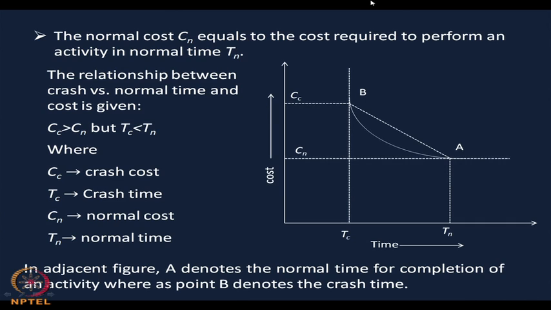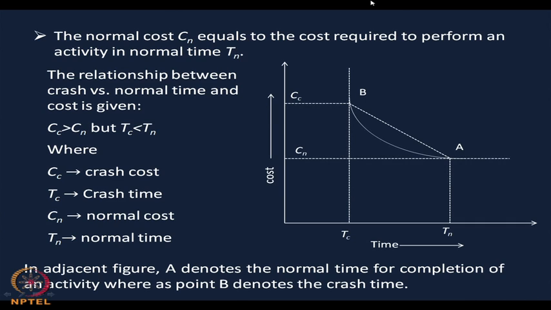If you see the figure, A denotes the normal time for completion of the project, whereas the point B denotes the crash time. If you see the cost curve from A to B, it is a nonlinear curve, and it is asymptotic also. It is nonlinear and asymptotic, but for the sake of simplicity, we can approximately join it by a straight line, which we denote as AB.